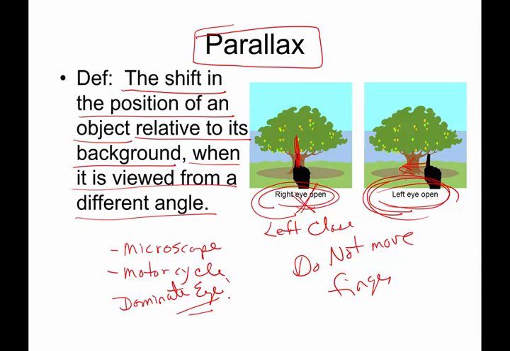That is an example of parallax. Because the eyes on your face are not located at the same position, when you look at an object from one eye versus the other eye, you look at it from a slightly different angle. And that's what produces parallax.